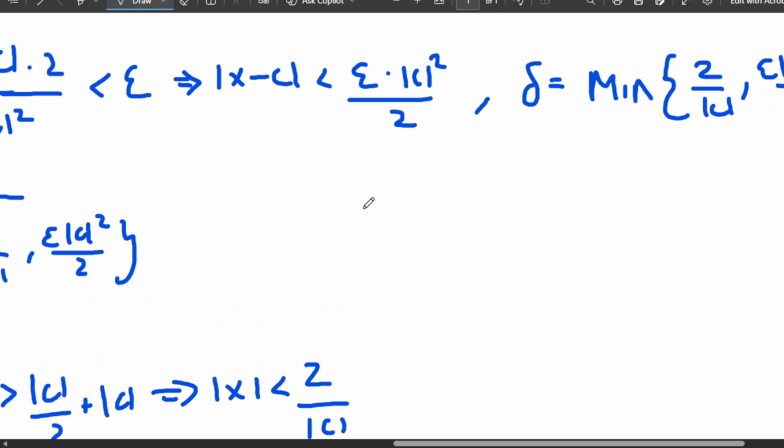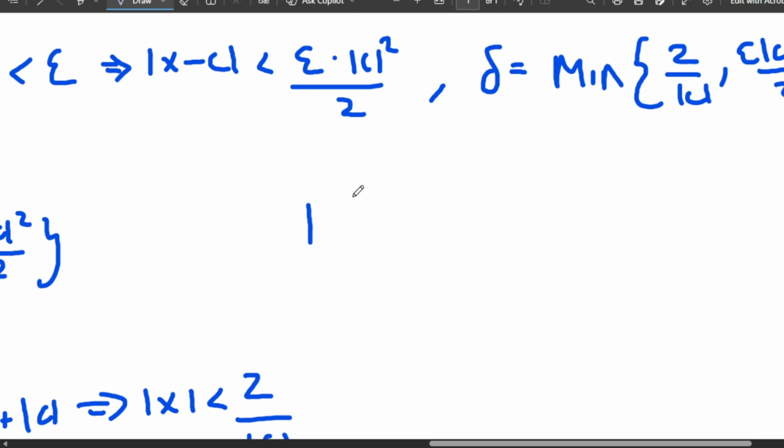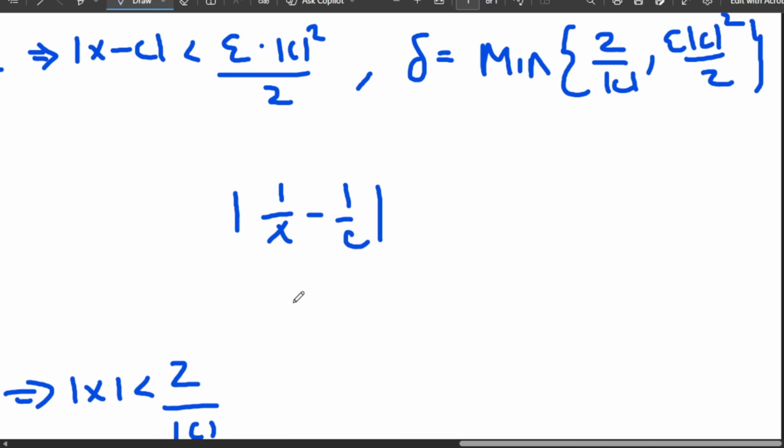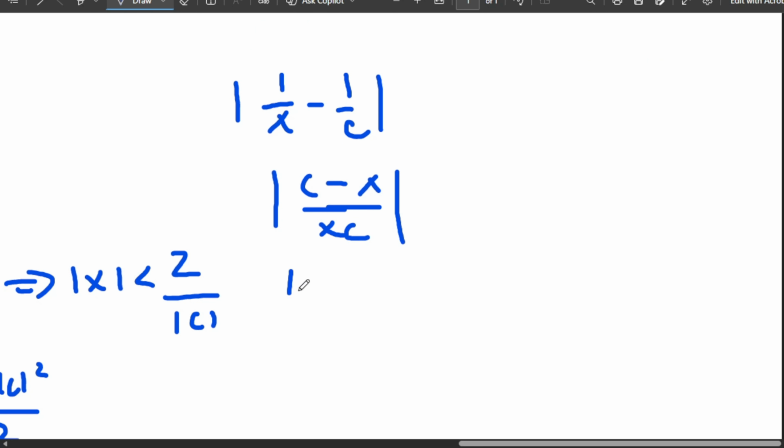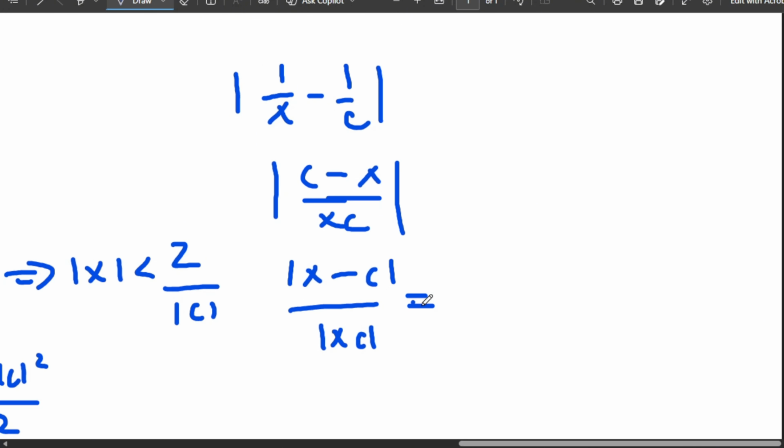So |1 over x minus 1 over c| is equivalent to |c minus x| over |xc|. Remember, it's equivalent to |x minus c| over |xc|, which is the same as |x minus c| over |x||c|.